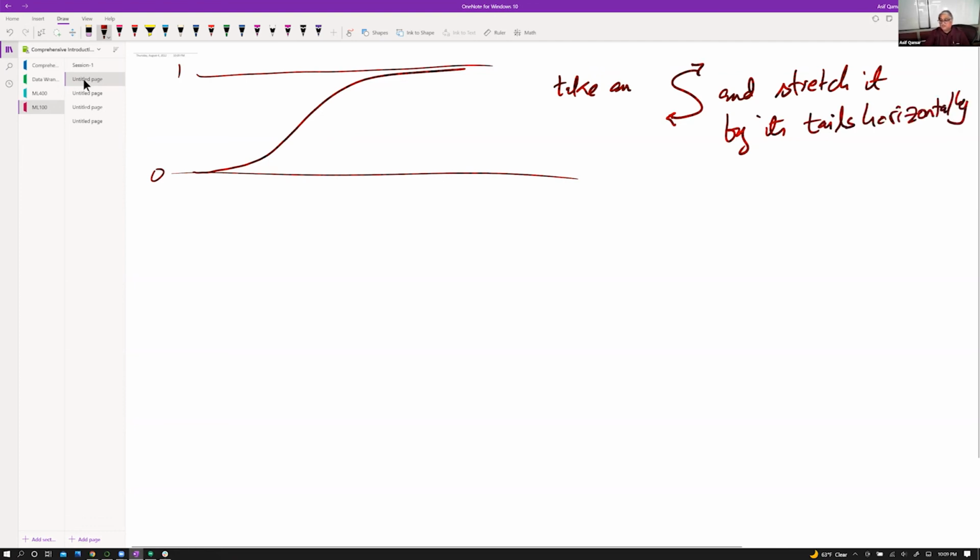When you do it, you will end up with a shape that looks like this. Would you agree? It looks like a stretched out S. Does this function look like a stretched out S? Guys, I wish somebody was speaking up. Yes, it does. Yeah, it does, right?